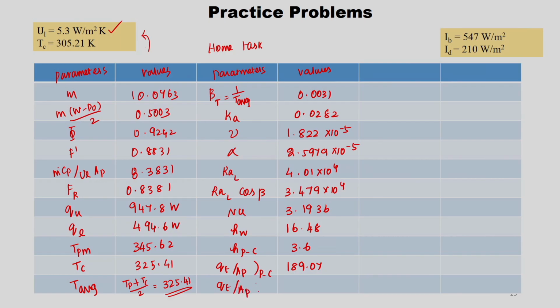QT upon AP for cover to surroundings is 189.09. QT upon AP average value is nothing but 189.08.